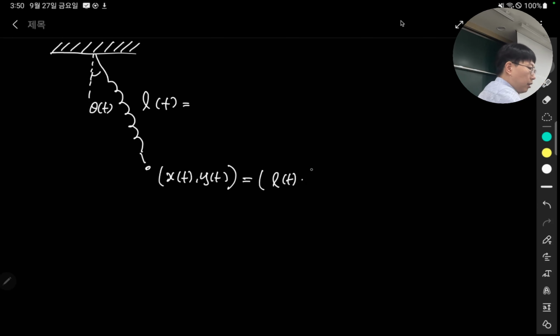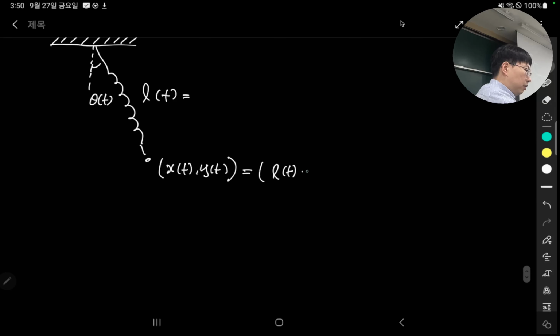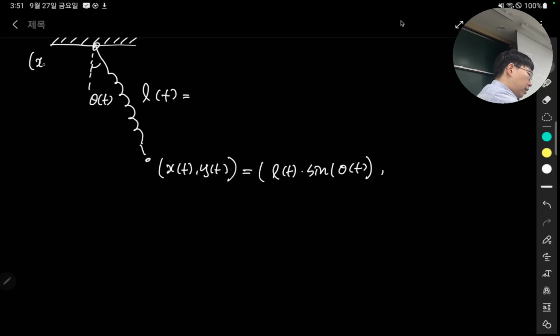L(t) times sine theta(t), and then what is y? If we take x0, y0 as the tip of this pendulum, then I have to change this part also.